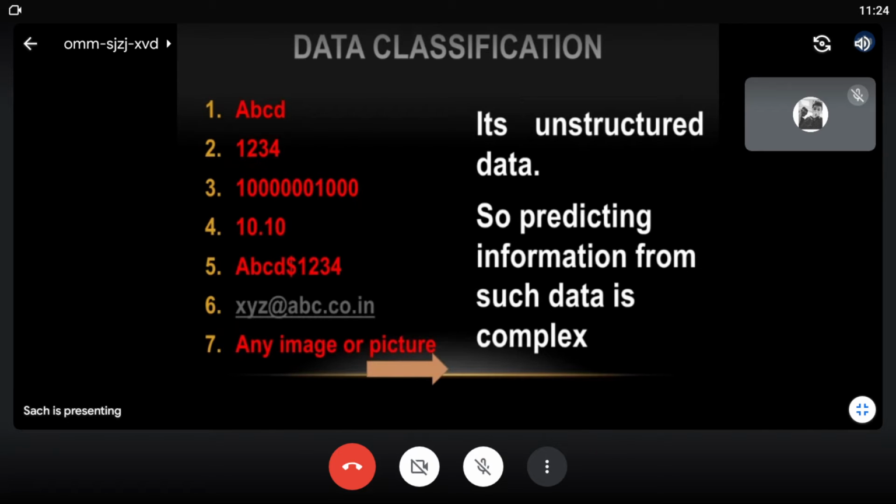That means he classifies the image as being about nature, some road, some building, or some human beings. But in the sense of computation, we say it is unstructured data, which doesn't have a specific format to predict the information in the picture.